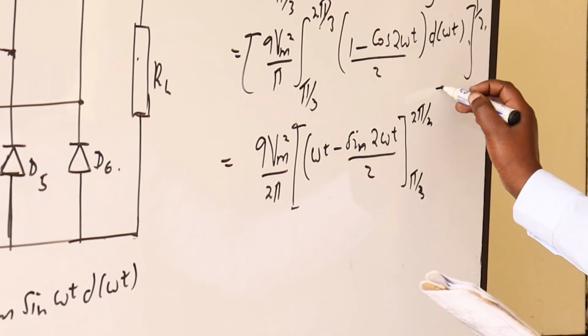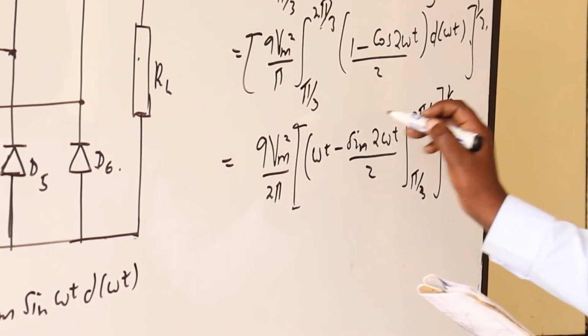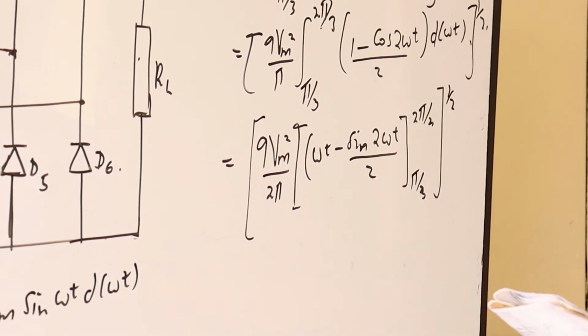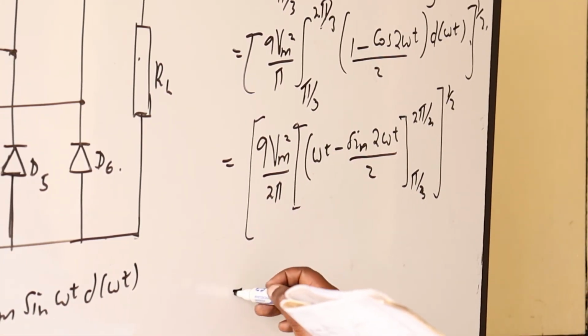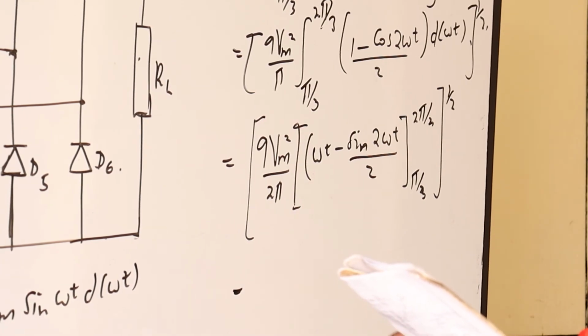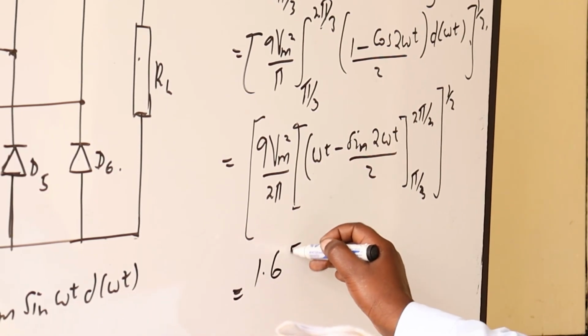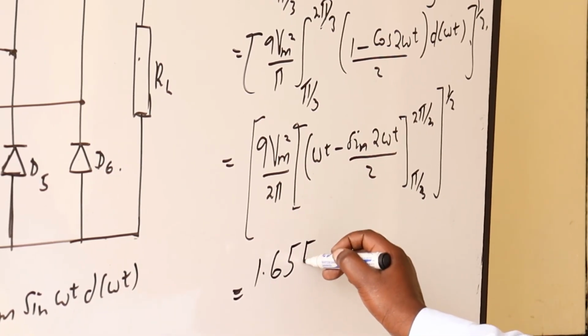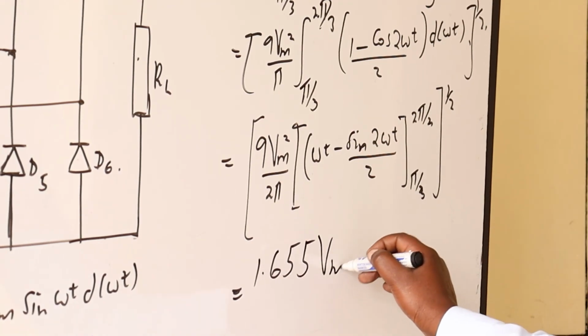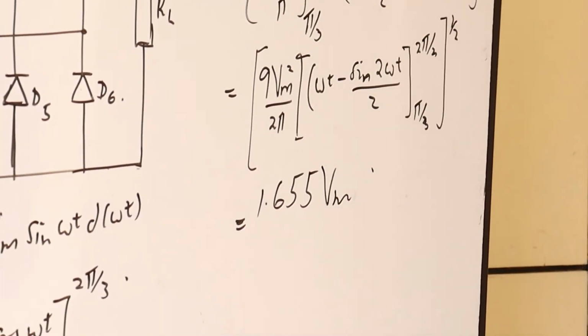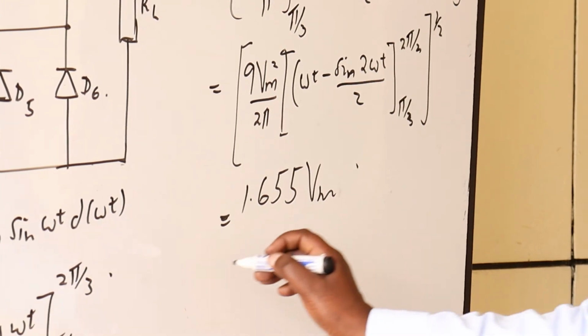We get the square root. So on simplifying these, we should have 1.655 Vm as our VRMS.